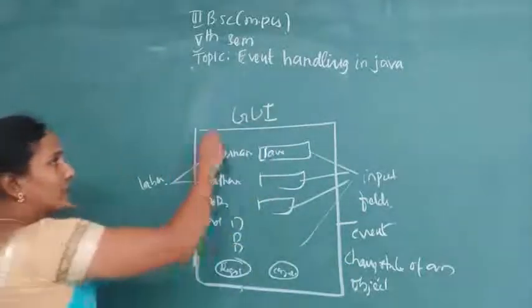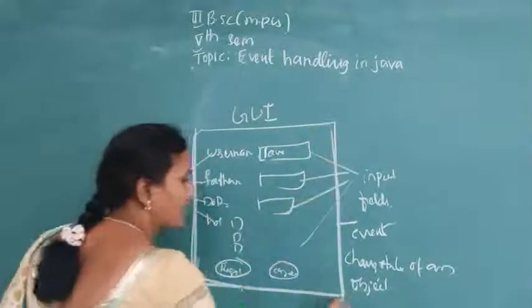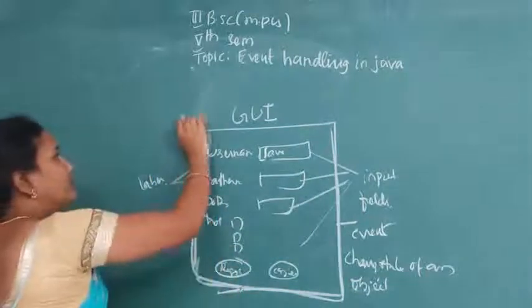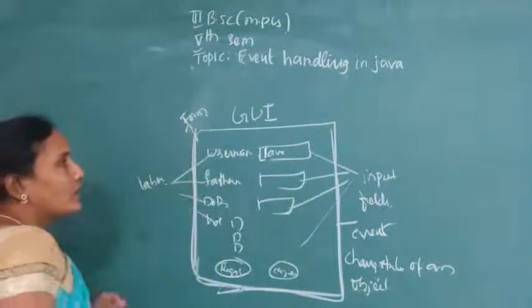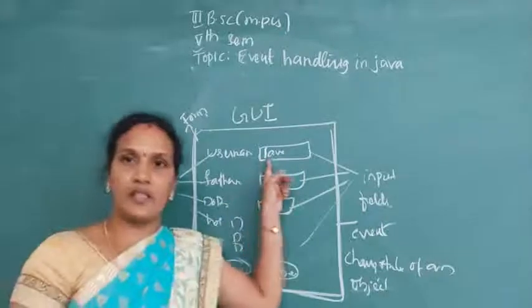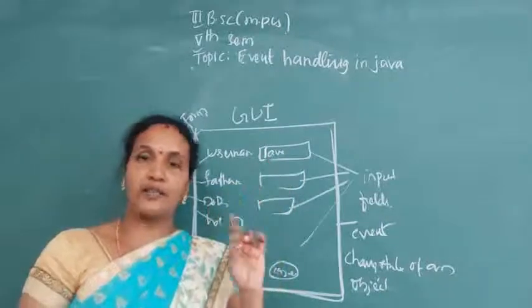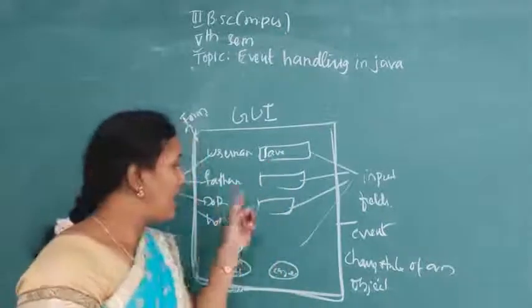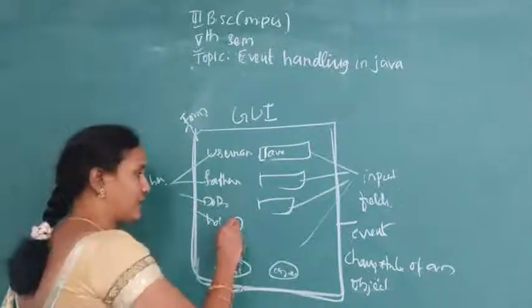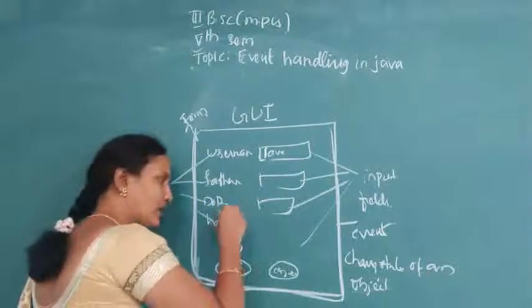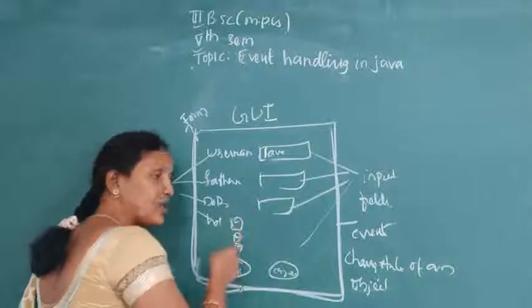So this complete area is called a form. If the user is entering text, the user is clicking, that is also an event. And the user is selecting the check boxes, checking, selecting, that is also an event.